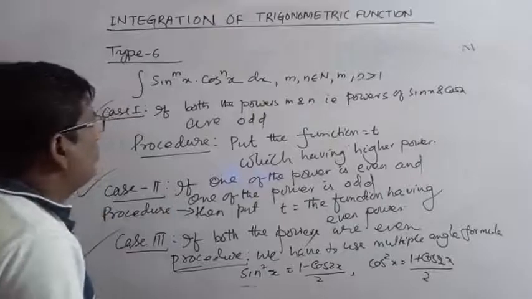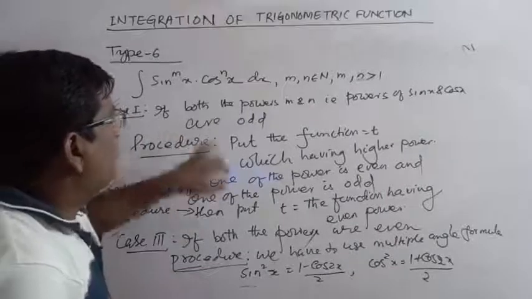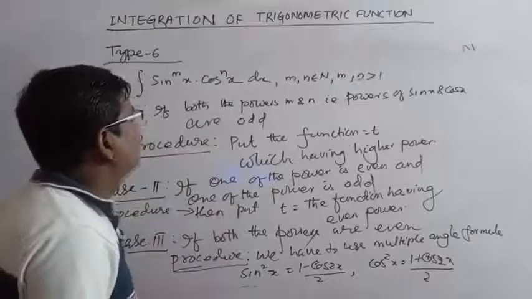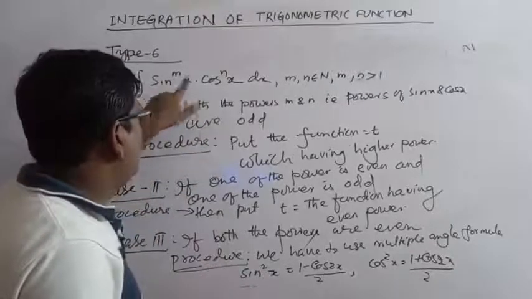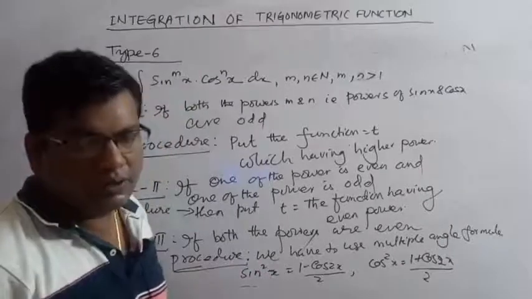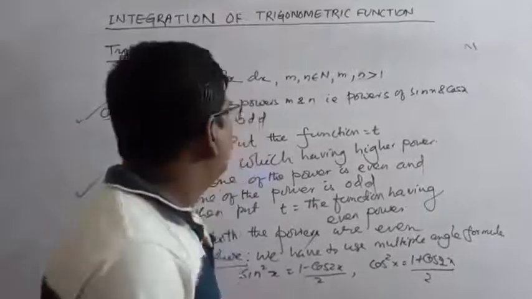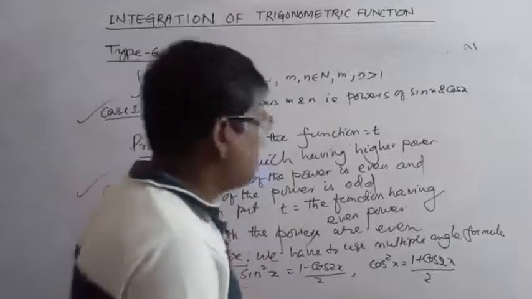In the first case, both sin x and cos x have odd powers. Okay, now let's see the problems related to type 6.